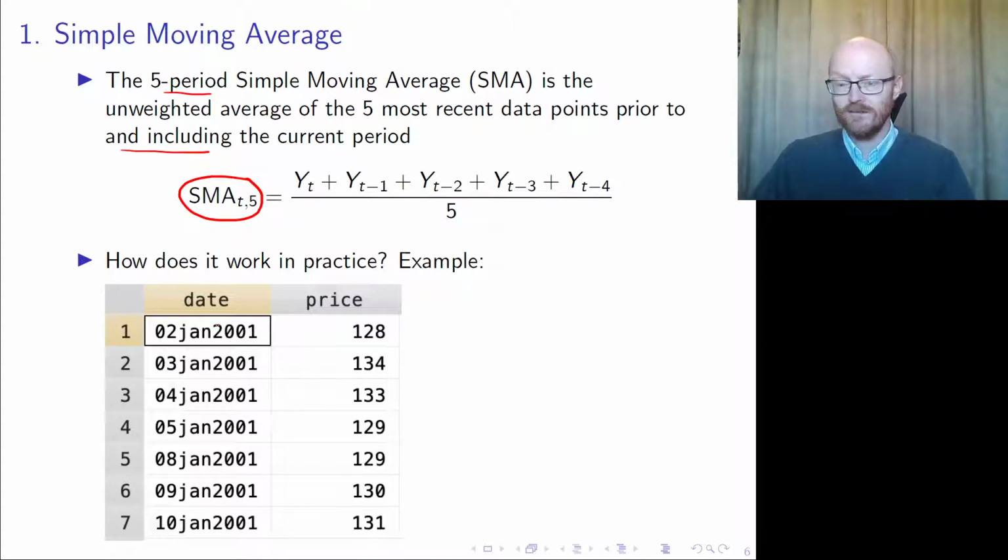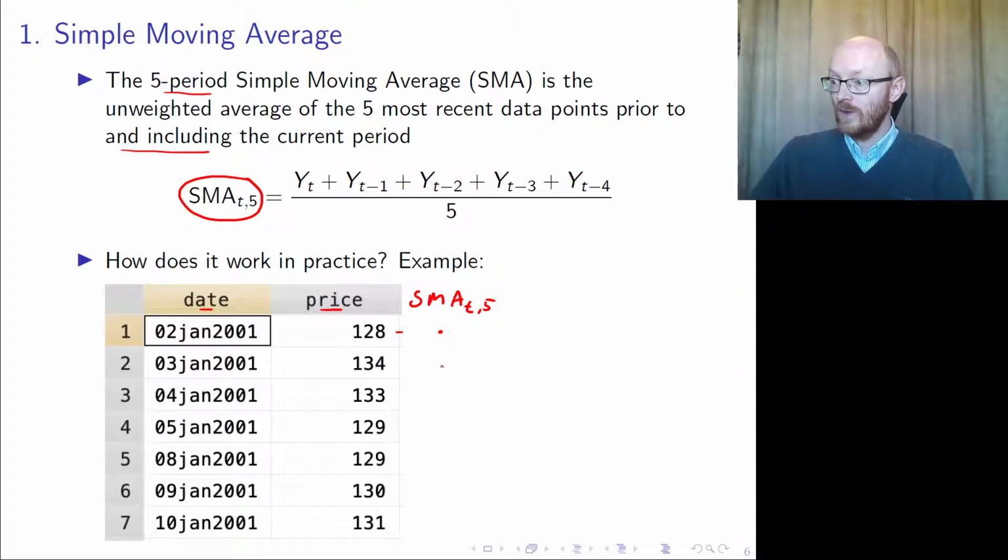So for example, how does it work in practice? We have some price data, and we have one price per day, probably the end of day price. Then if you have the 5-day simple moving average, you would not be able to calculate that here because you only have the YT.